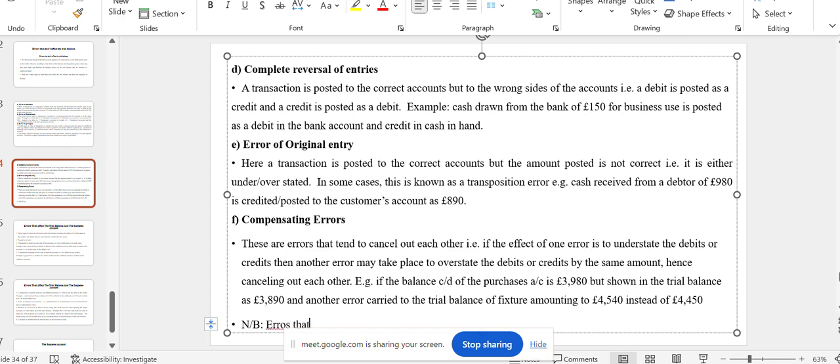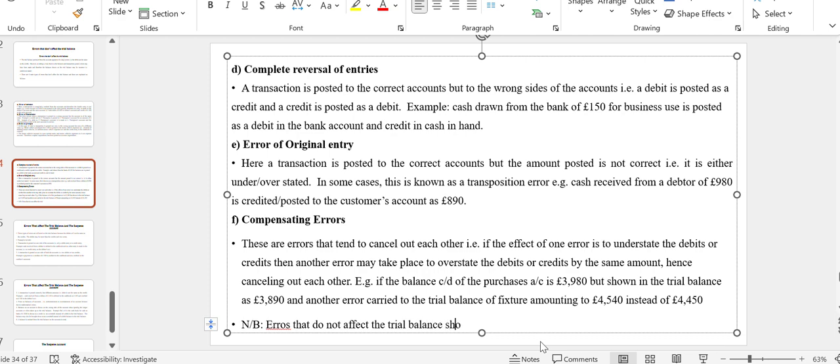Errors that do not affect the trial balance should not be corrected in the suspense account. This statement is very important.